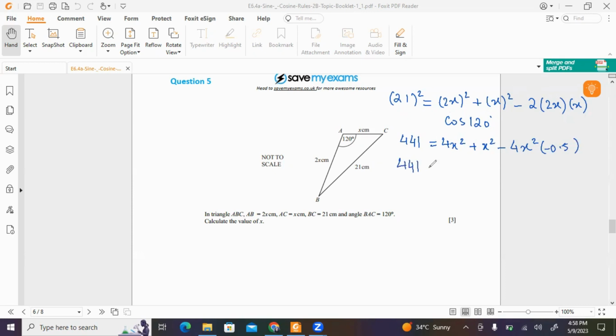So 441 equals 5x squared plus 2x squared, which is 7x squared. 441 divided by 7, square root that. So that is 7.93 centimeters. That is your value of x.